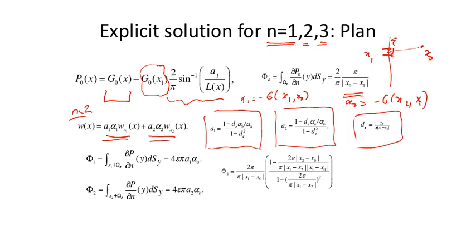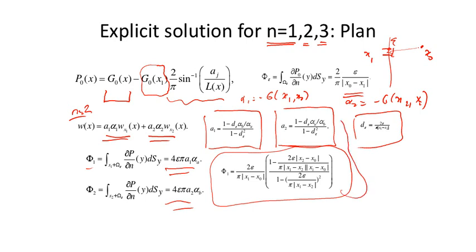And d epsilon is this quantity. And then you can calculate the flux. For example, phi1 can be expressed with this expression. So we can recover the first term, which is what we had for 1 hole, plus a correction due to the presence of the second hole.